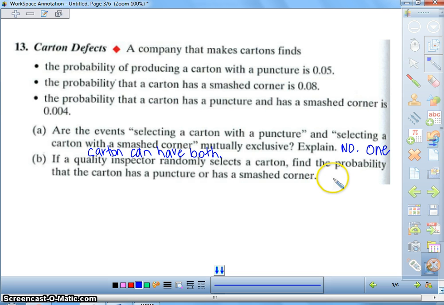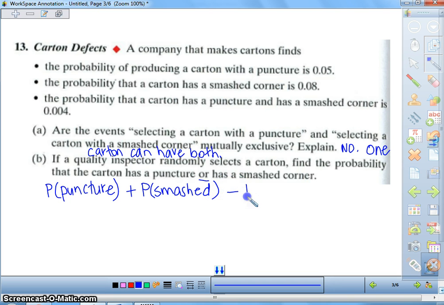Part B says if a quality inspector randomly selects a carton, find the probability that the carton has a puncture or has a smashed corner. So to find that, I need to find the probability of a puncture plus the probability of a smashed corner minus the probability that it has both, because the probability of both is counting all of these punctures and all of these smashed corners twice.